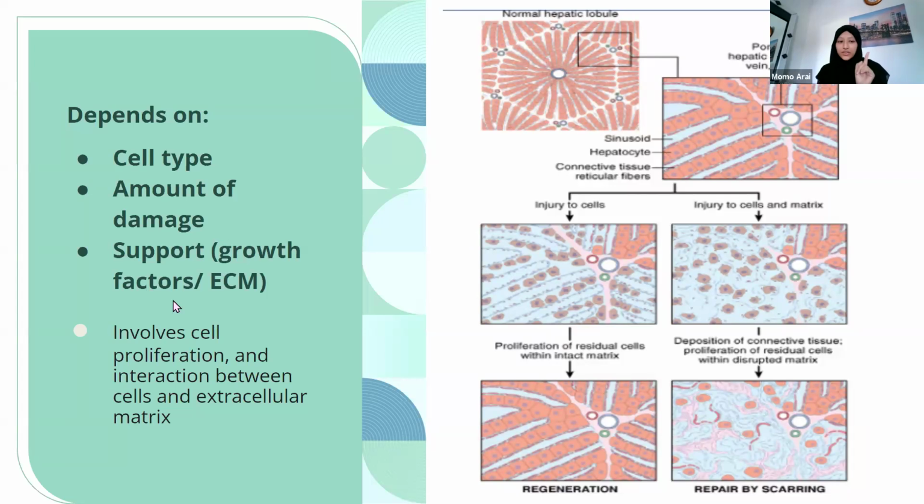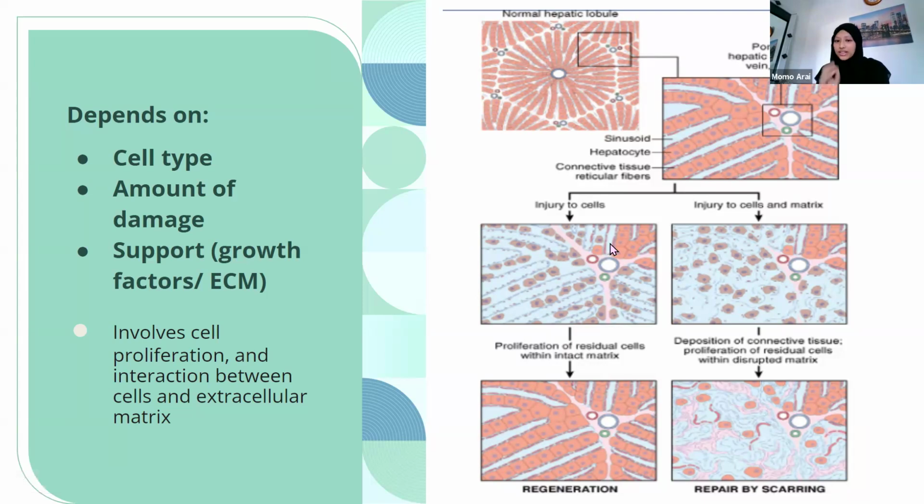Why is that? Because regeneration and repair, basically healing in general, will involve the cells that were injured, and it will involve interaction between the cells and the extracellular matrix around them. That's why I put that as support, and it's very important.